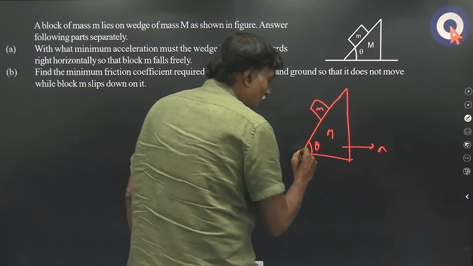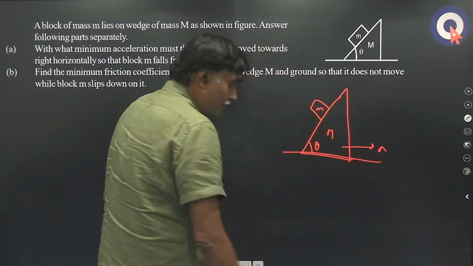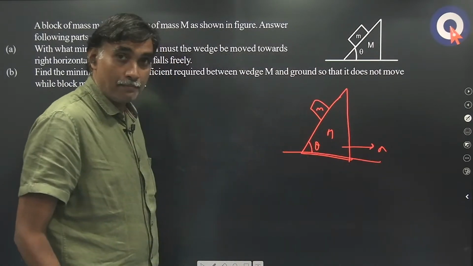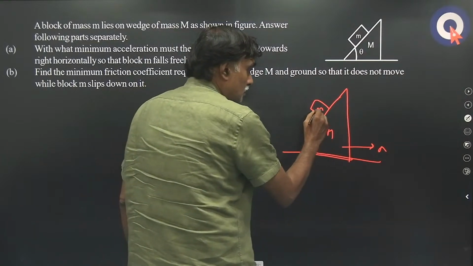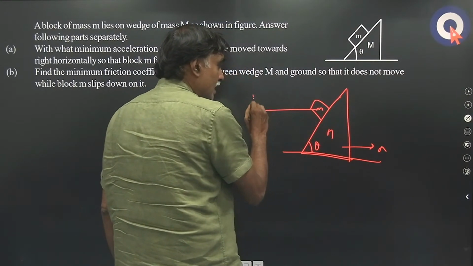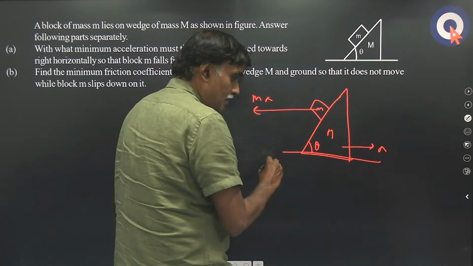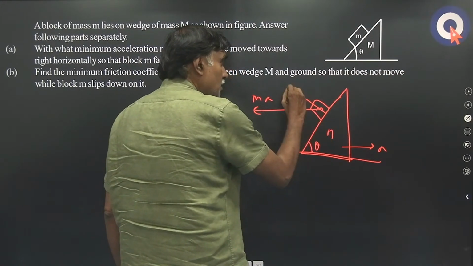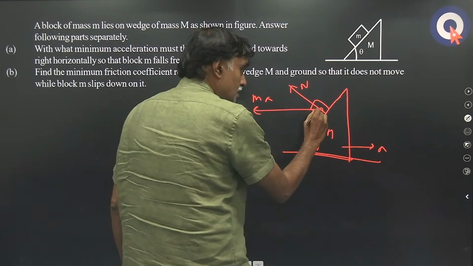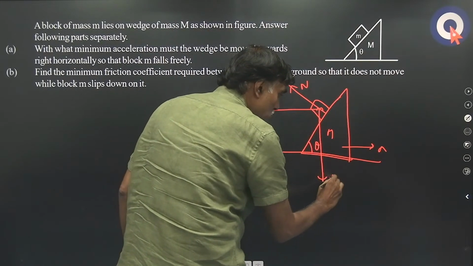Now what are the forces acting on small m with respect to capital M? One is pseudo force in this direction because capital M is a non-inertial frame. Normal force will be in this direction, which is 0 in this case, and gravitational force downwards, mg.